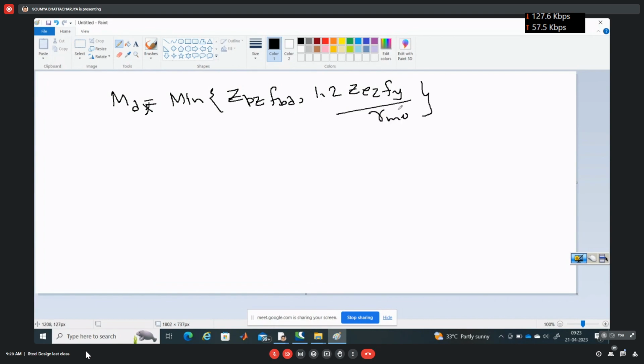So now we know MDX, MDY, MUX, MUY, and we can check whether the combined ratio is less than 1 or not.